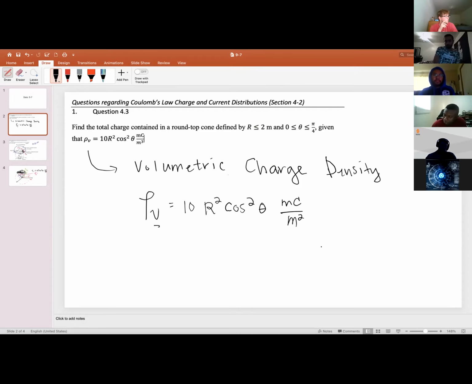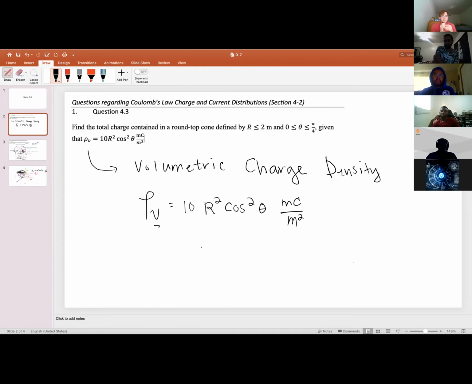So we need to look at every single area inside of the cone and add up all of the charge in that whole cone. So at each point in the cone, we look at the charge density, and then add that up over the entire cone. What kind of integral is that? The triple integral. Yeah, perfect. Exactly correct.